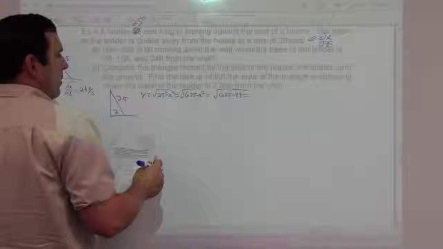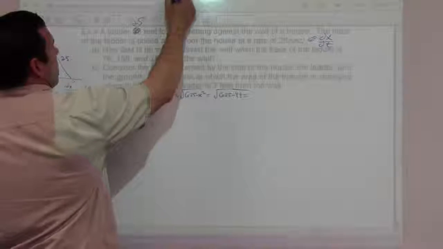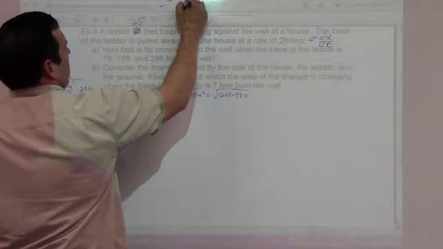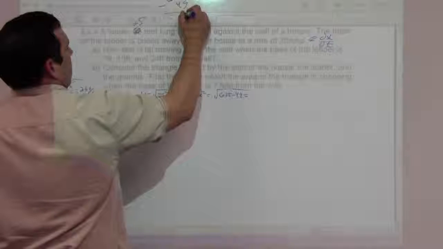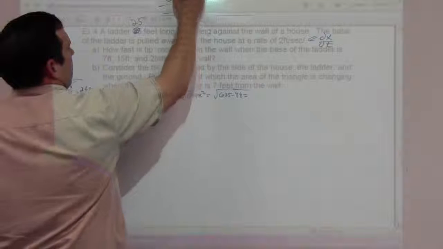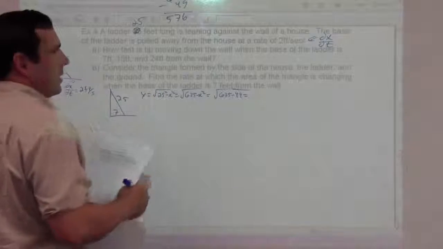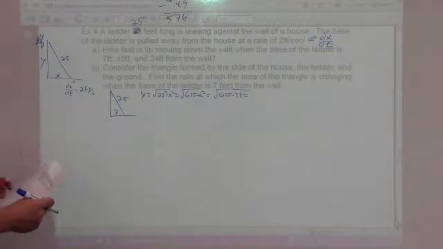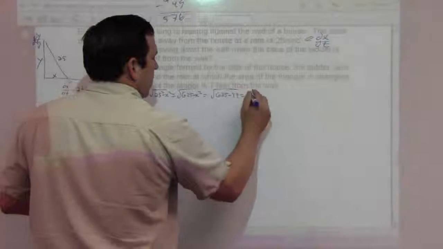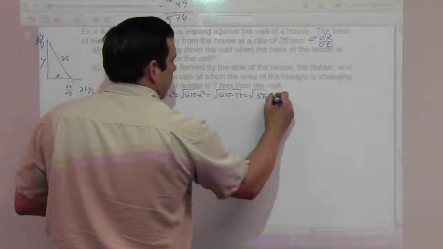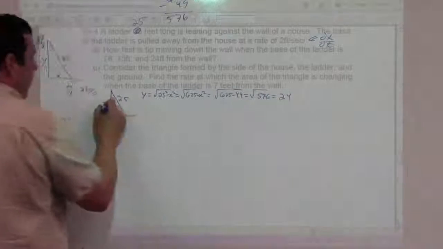And what is 625 minus 49? 576, and the square root of 576 I believe is 24, so this is 24 here.